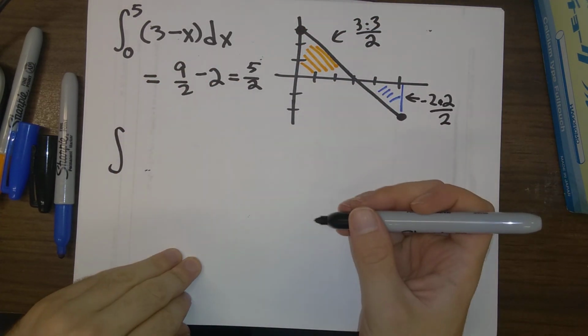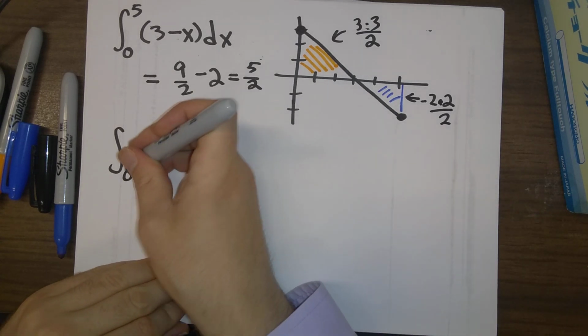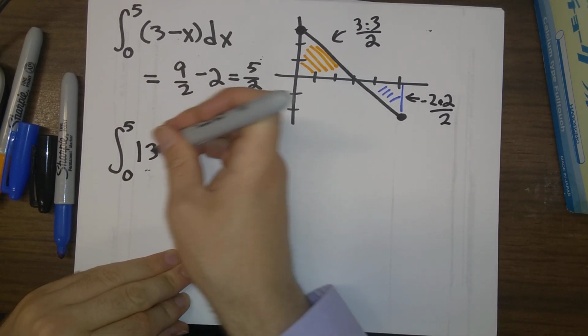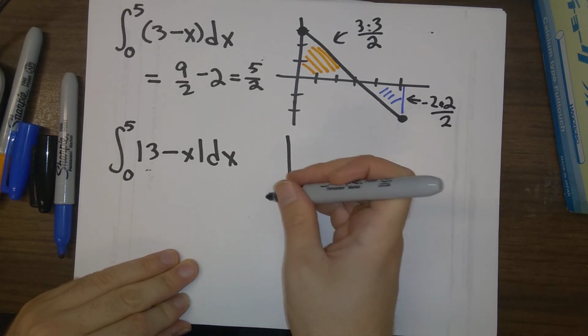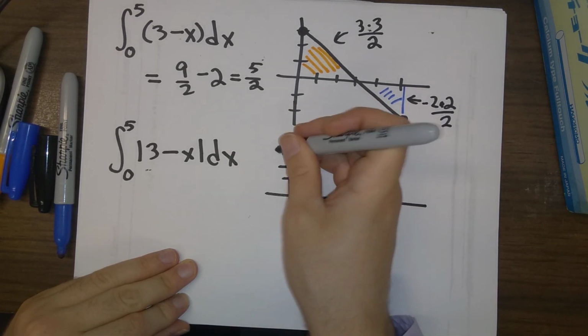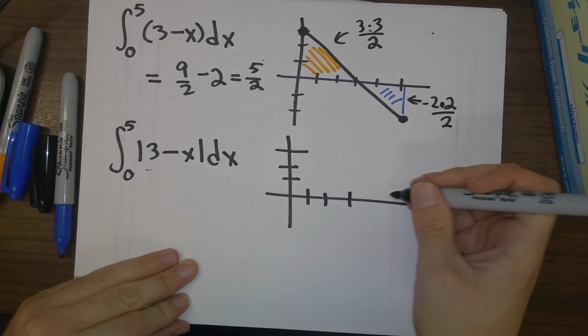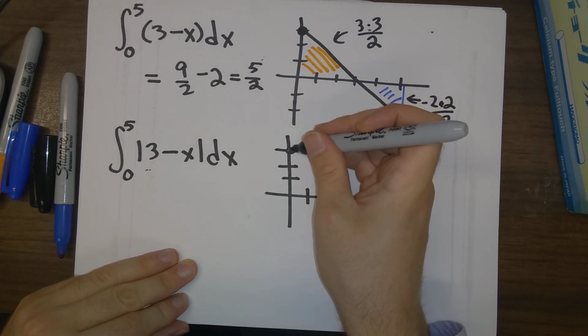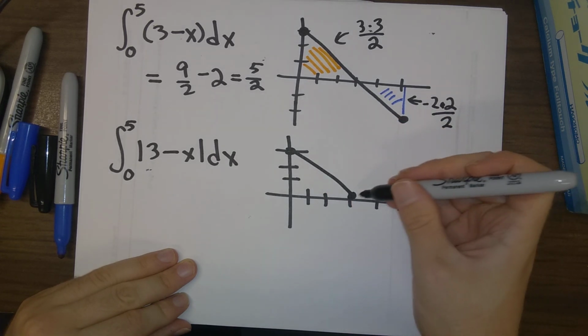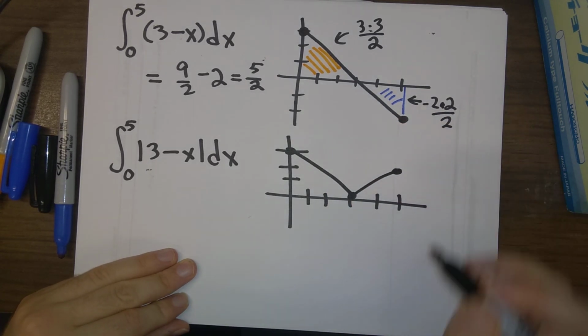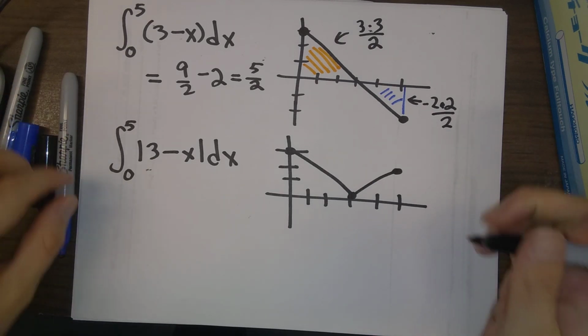One more example of things like this. Let's do the integral from 0 to 5 of the absolute value of 3 minus x dx. This is different here because now we have an absolute value thrown on. So between 0 and 3, the function looks just like it did before, but now it starts increasing between 3 and 5.